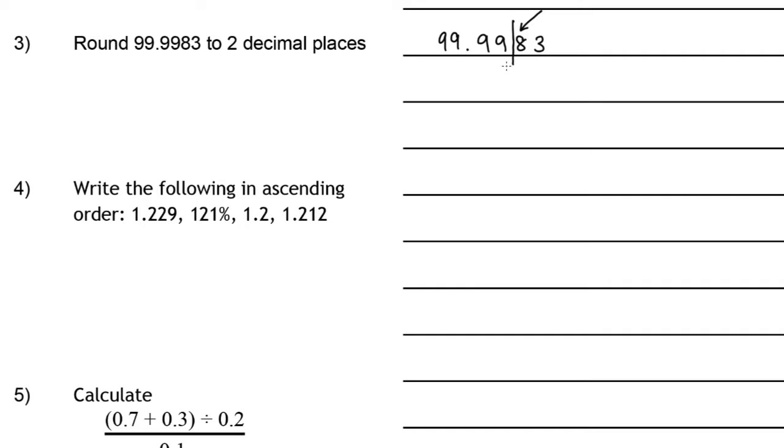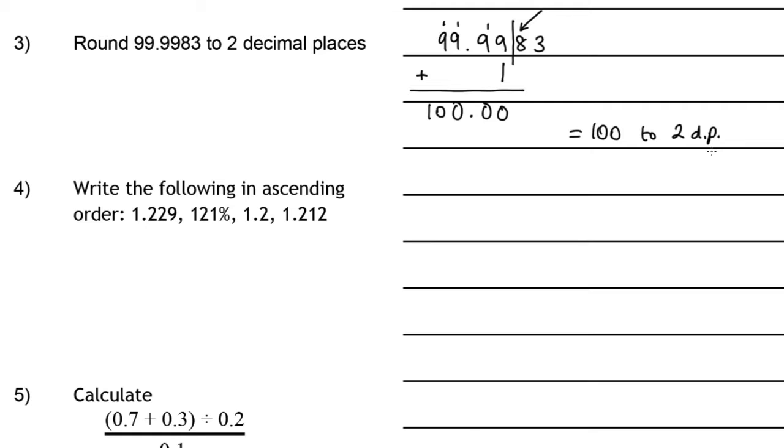If it is, then we need to add 1 to this value here. When we do that, 9 and 1 is 10. Carry the 1. We get 9 and 1 is 10 again. Carry the 1. 9 and 1 is 10. Carry the 1. And 9 and 1 is 10. So the final answer is 100 to 2 decimal places, 2 dp.